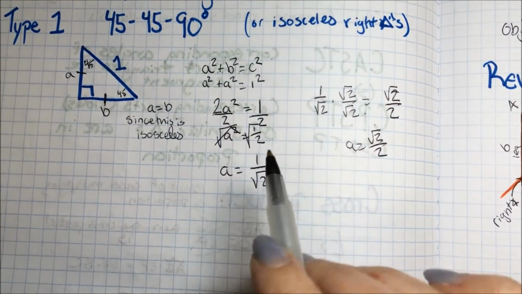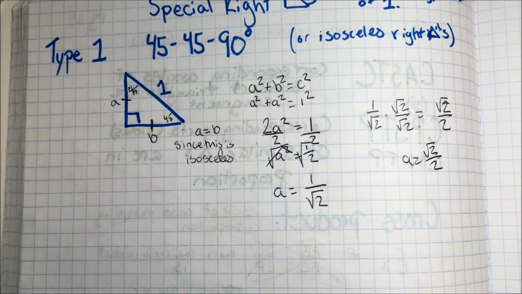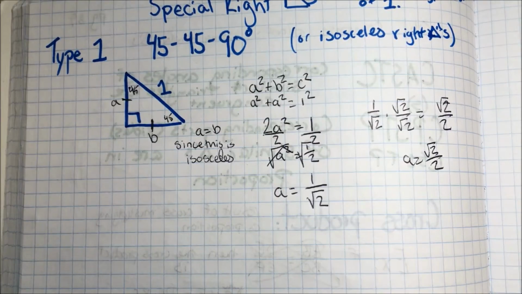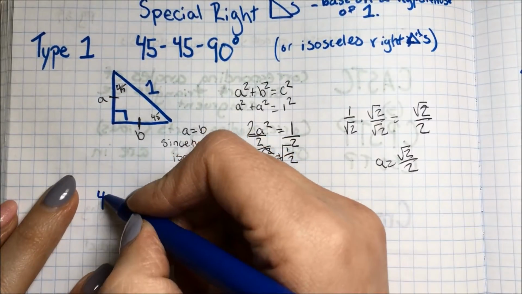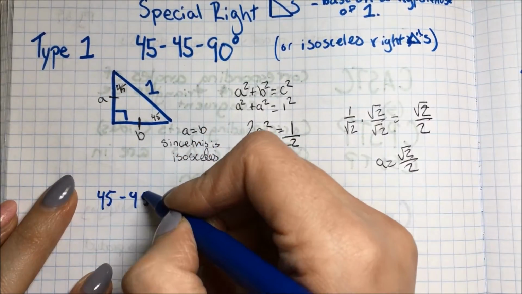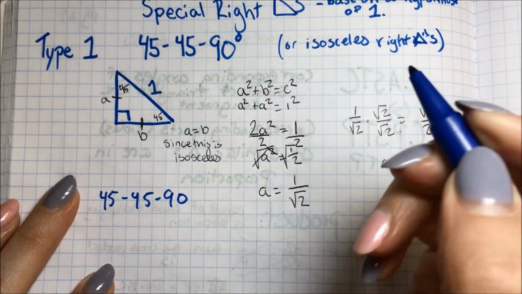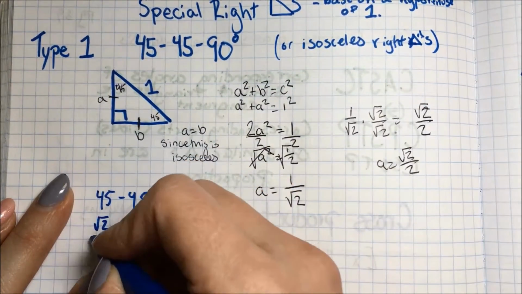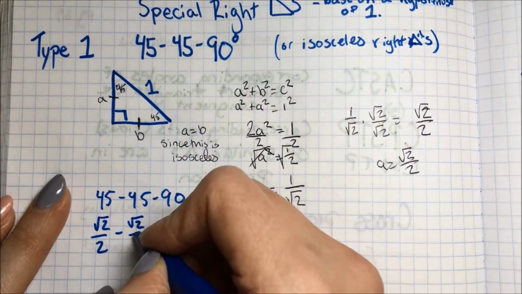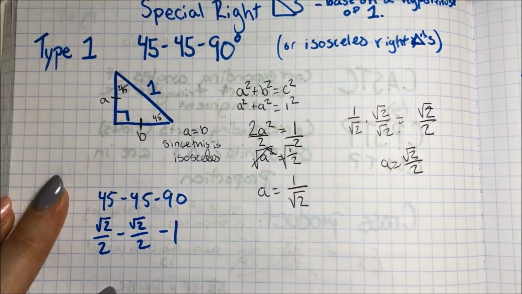I just rationalized it. So in a 45, 45, 90 right triangle, the relationship between the sides is always radical 2 over 2, radical 2 over 2, to 1.